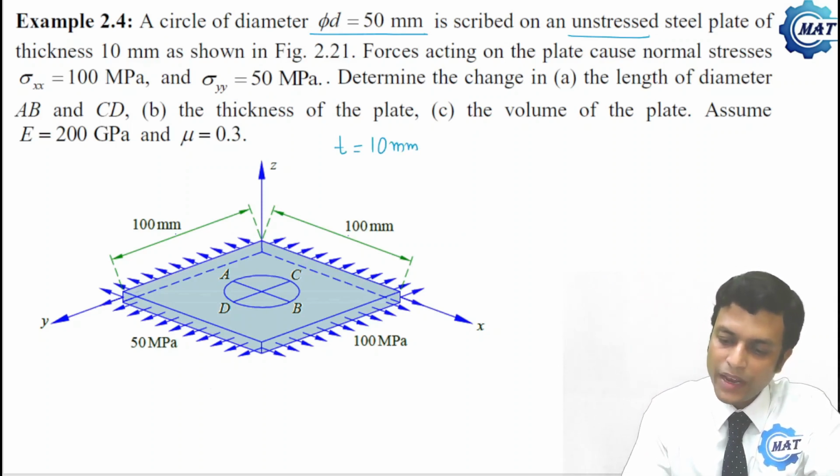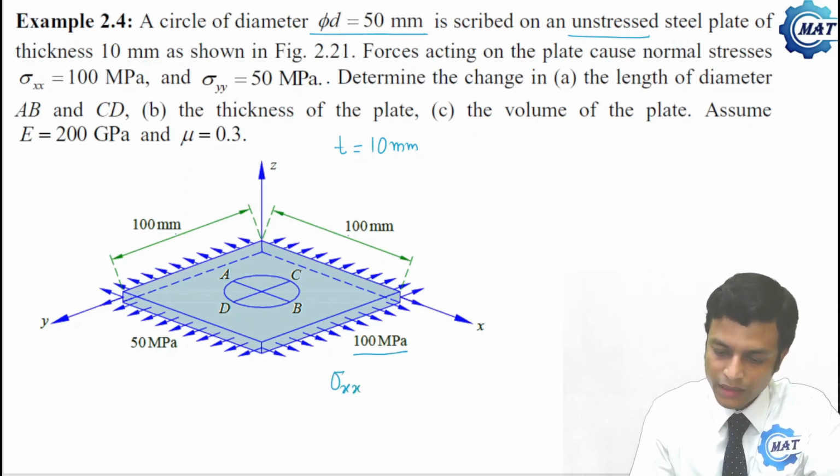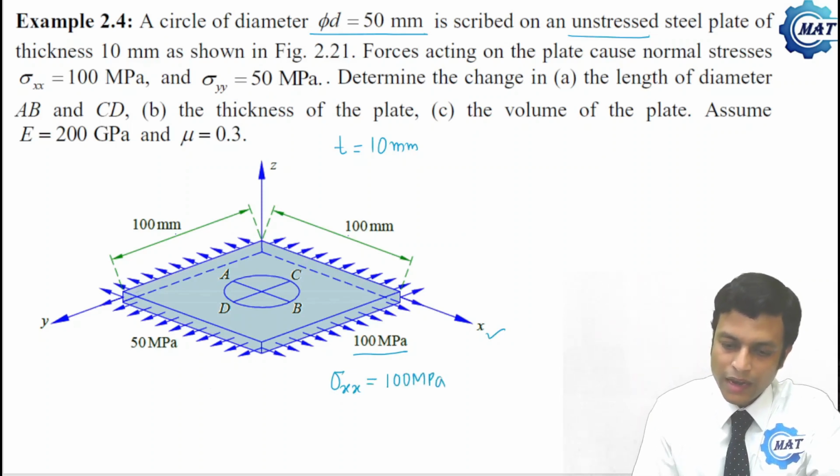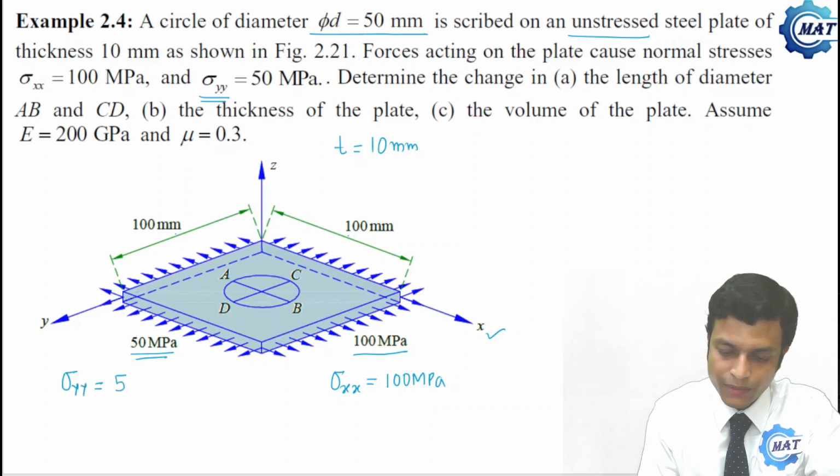Forces acting on the plate cause normal stresses. Sigma xx is 100 MPa, so sigma xx, that is stress in the x direction, this is the x direction, 100 MPa. And stress in the y direction, that is sigma yy, is 50 MPa.